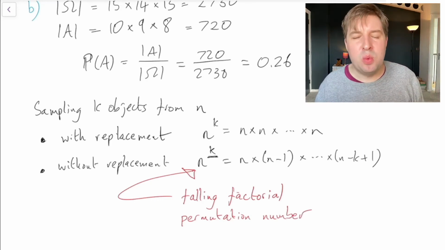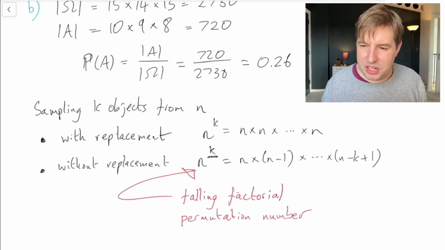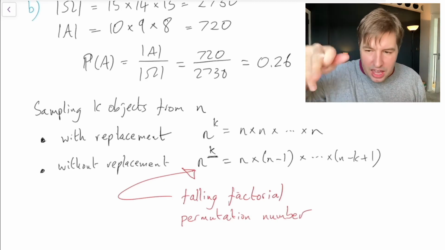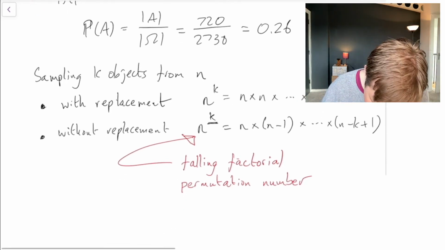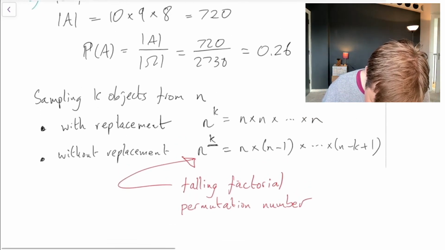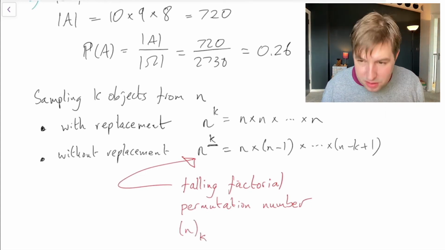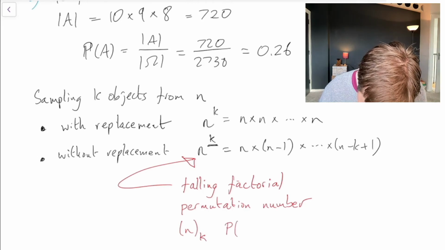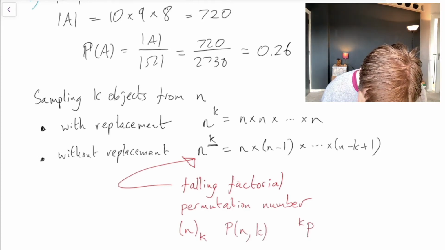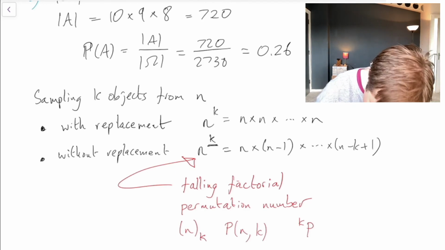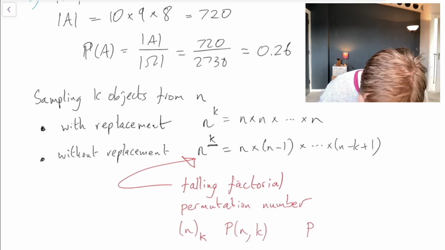It's also the case that the world hasn't really decided on notations for this thing. So I use n to the k with the k underlined. But you may also, again in books or the internet, see n in brackets with a k downstairs. And you might see things with a p for permutation, like P n k, or sometimes p with an n at the top left and a k at the bottom right.